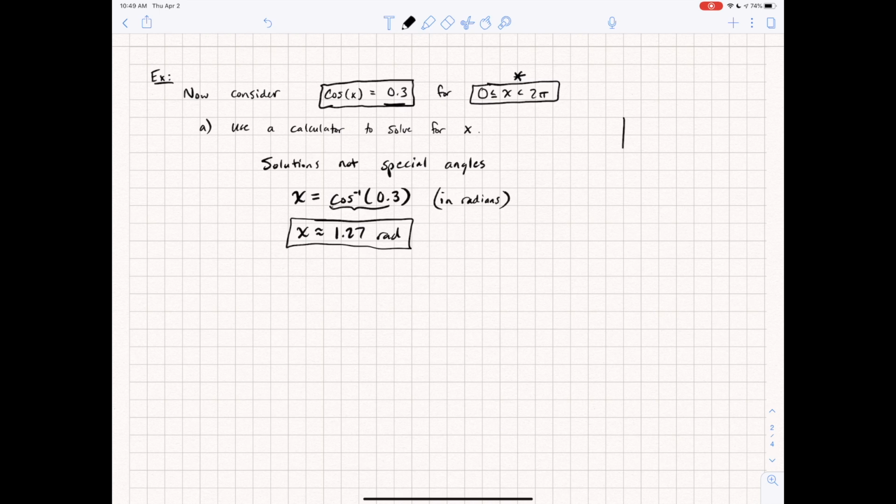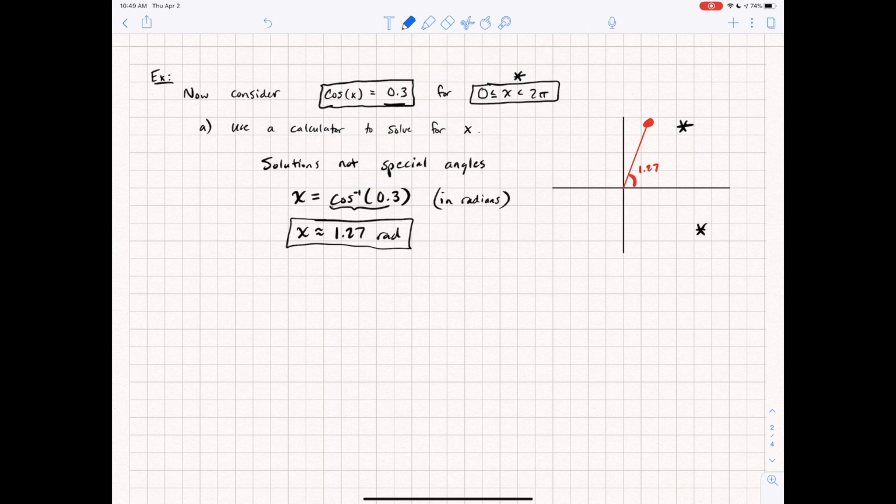And then drawing a circle, just as a reminder, cosine is positive here in quadrant 1 and positive here in quadrant 4. So this 1.27 is the first answer. It's roughly about right here. So this angle right here represents 1.27.